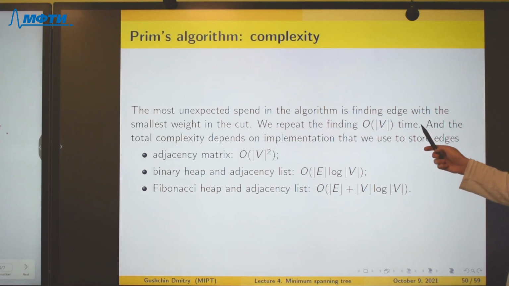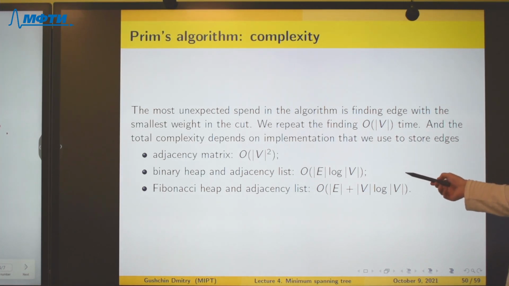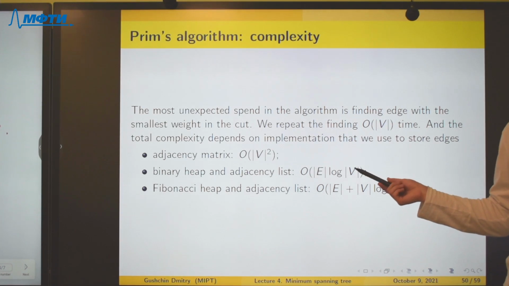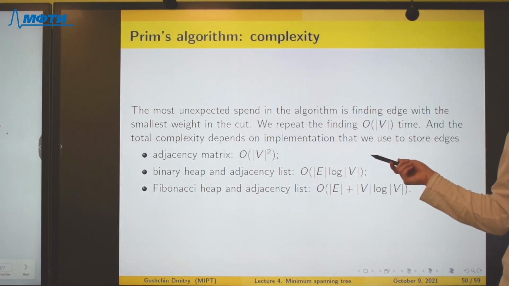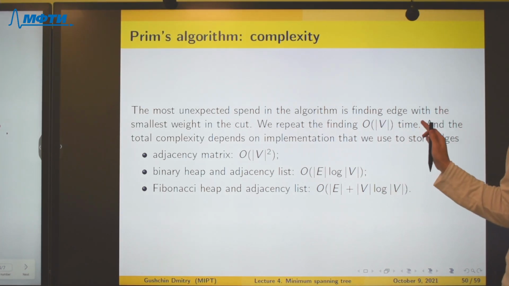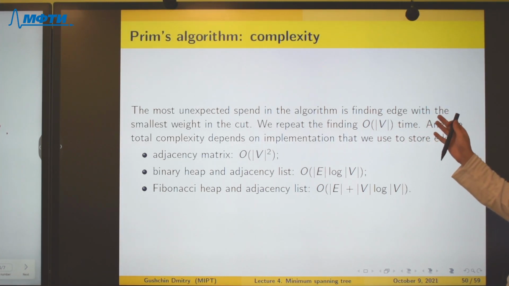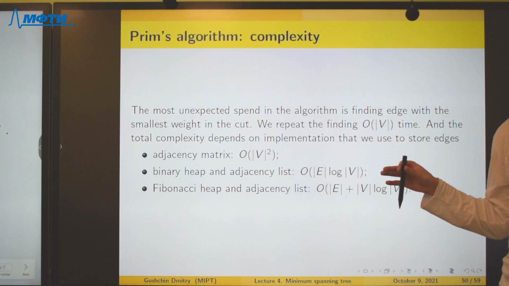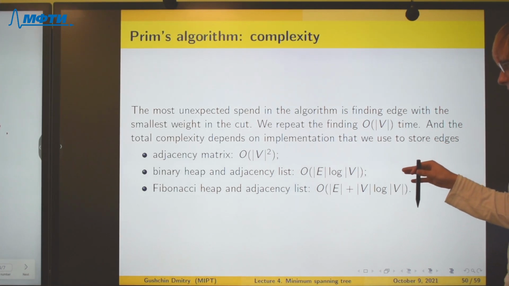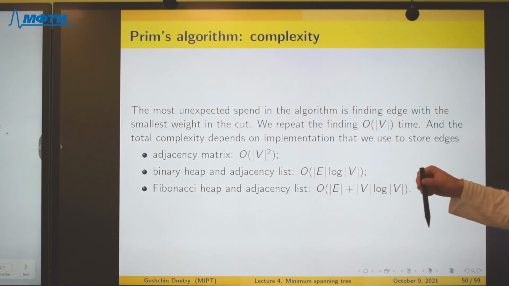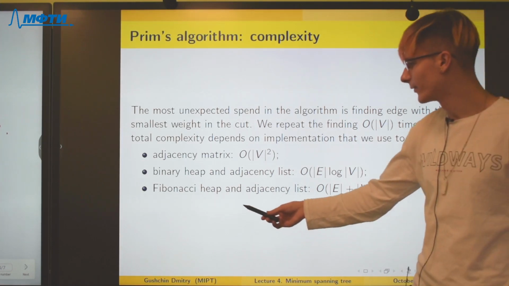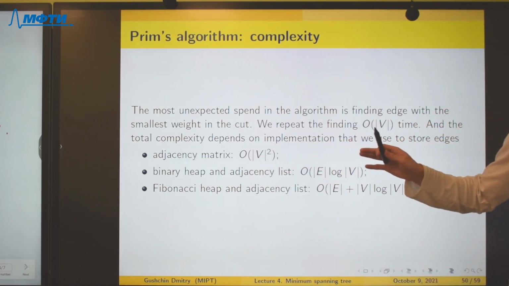You can remember that if you use different data structures, you get different time complexities. It is the main idea of this slide and of most algorithms that we talk about. And we will talk about Fibonacci heap in the next lecture, I think.